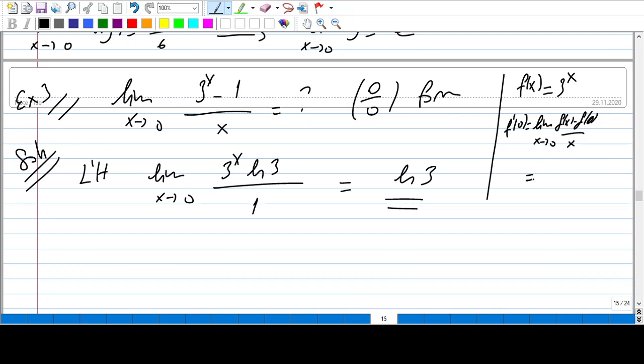So it will be of the form limit x to 0, 3 to the power x minus 1 over x, and this is the same as the derivative of f at point 0, so it is ln 3. But the L'Hopital solution is much easier than this one.